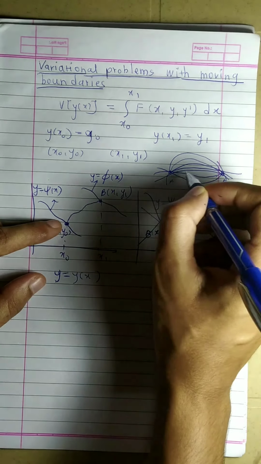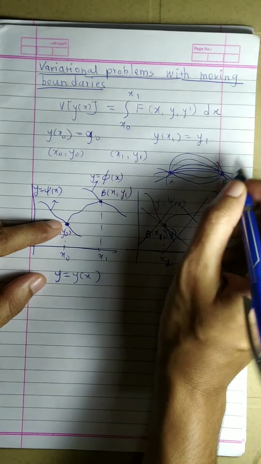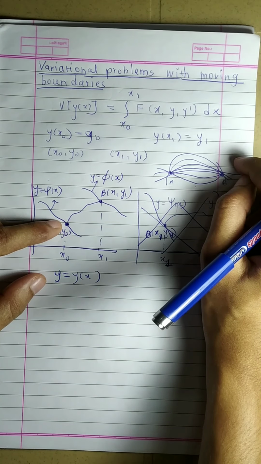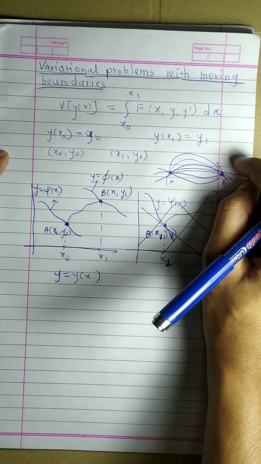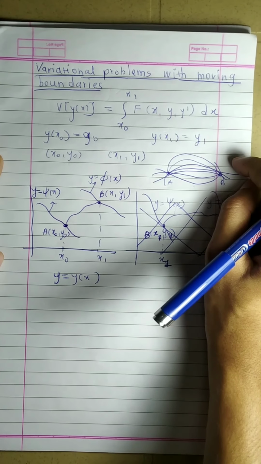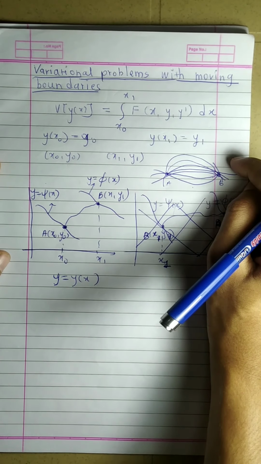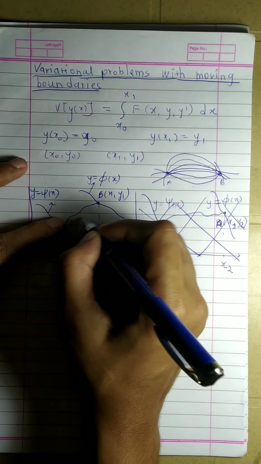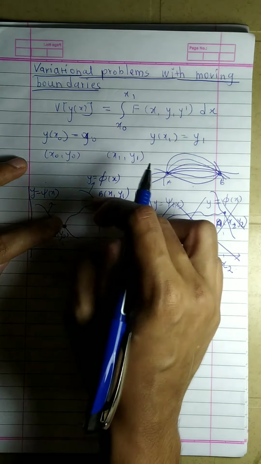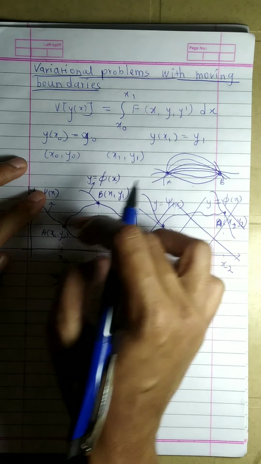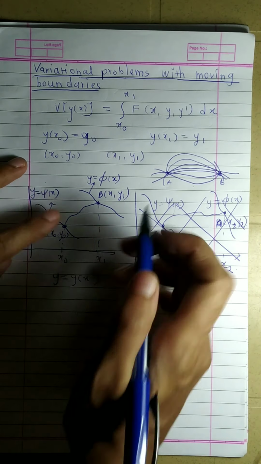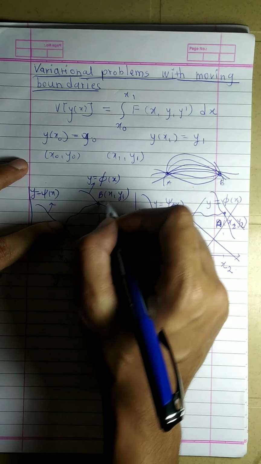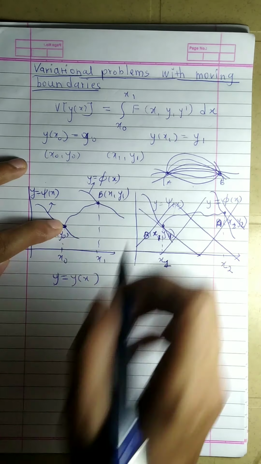So if we investigate only on these curves also, then also it will attain an extremum. That variational problem will attain the extremum, because we will be examining these curves as well as the ones with the moved boundary point, this second boundary point.